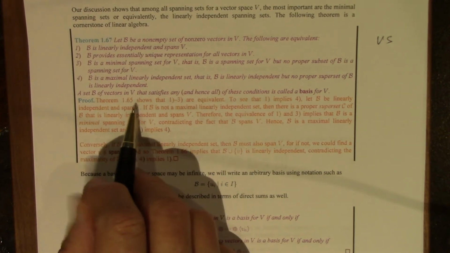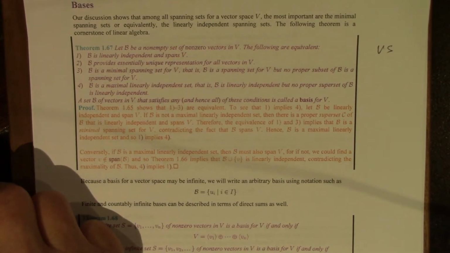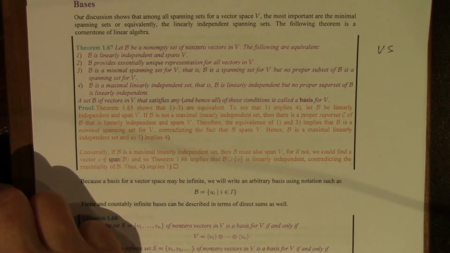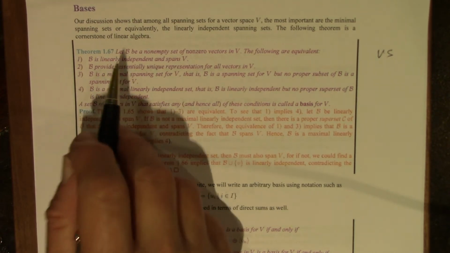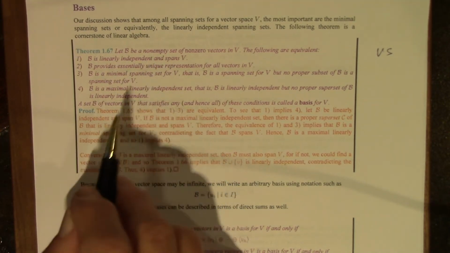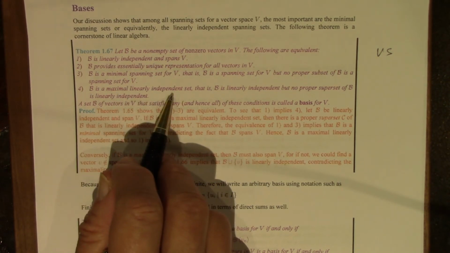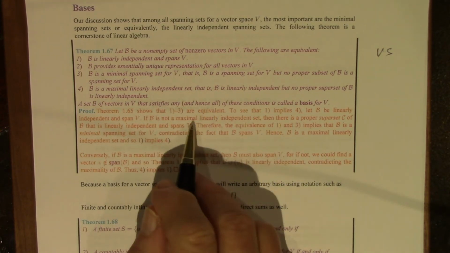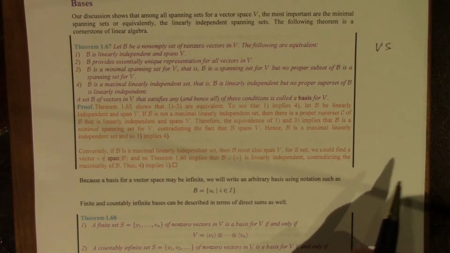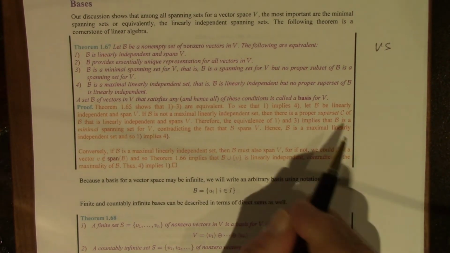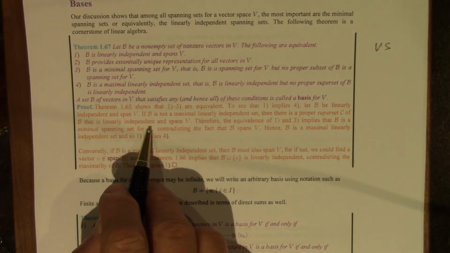Well, we've already seen that 1, 2, 3 are equivalent. All we have to do is tie in number 4. So let's show that 1 implies 4, that a linearly independent spanning set has to be, in fact, a maximal linearly independent set. If B was not maximal, then there would be a proper superset, let's call it C, of B that is also linearly independent.